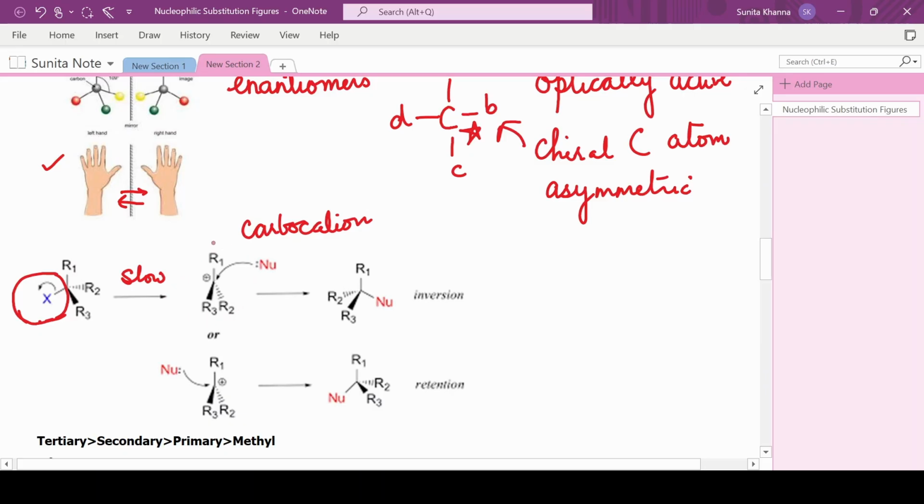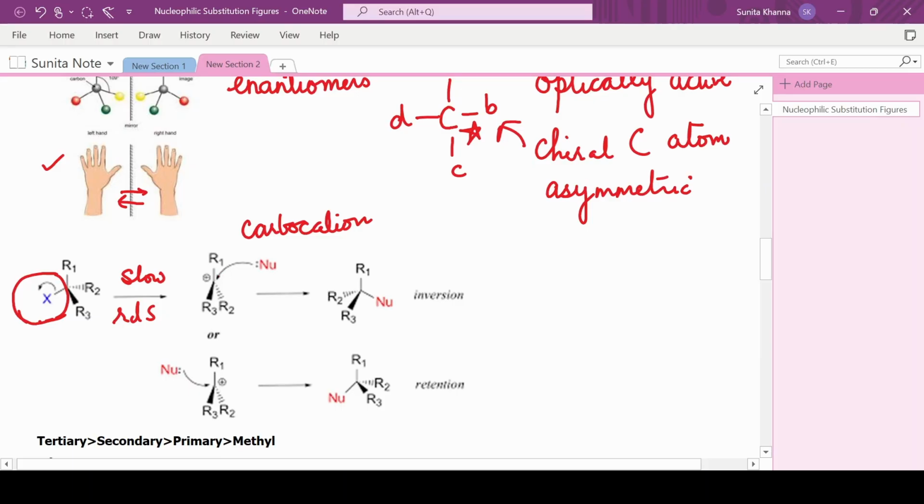So this carbocation is planar in nature. In the first step, formation of the carbocation takes place, and this step is the rate determining step. When the reaction is taking place in multiple steps, the slowest step is the rate determining step. So in the rate determining step, formation of the carbocation takes place, which is a planar structure. Now the attacking nucleophile has both the probabilities. It can attack from the upper direction or from the lower side.